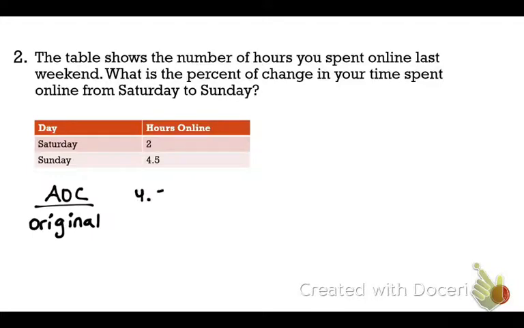Okay, take the biggest number, 4.5, and subtract it by the smallest. Hayden, what was the original amount of hours spent online? 2, very good. Okay, Saturday was 2 hours. So our amount of change is 4.5 minus 2, 2.5.